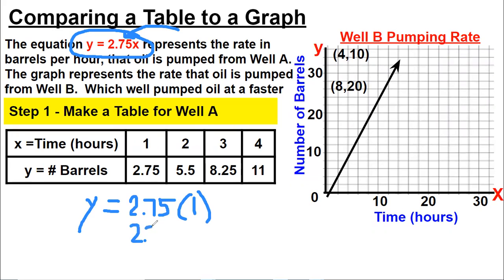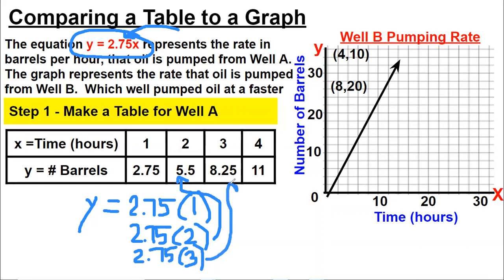So 2.75 times 2 hours, and I get 5.5. And then I do the same with 3 and 4. 2.75 times 3, and I get 8.25, and then I do the same with 4, and I get 11. So there's how I got my table.